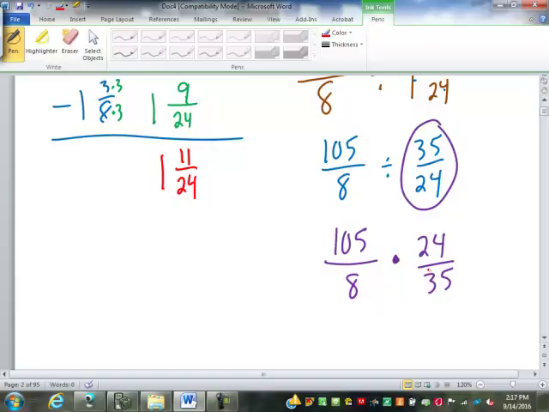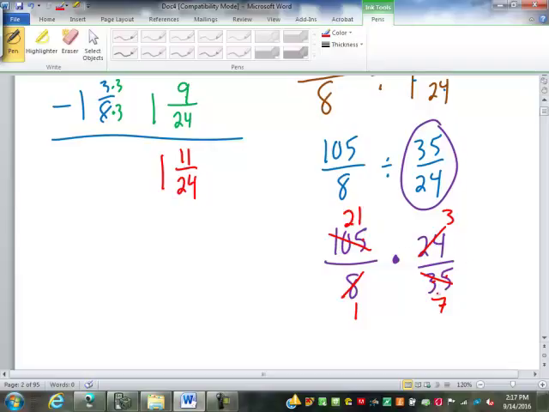We could multiply straight across, but we can cancel here if we want to. 8 and 24 can both be divided by 8. That gives me 1 and 3. 105 and 35 can both be divided by, you probably see 5 right away. So let's do that. 35 divided by 5 is 7. 105 divided by 5 is 21.